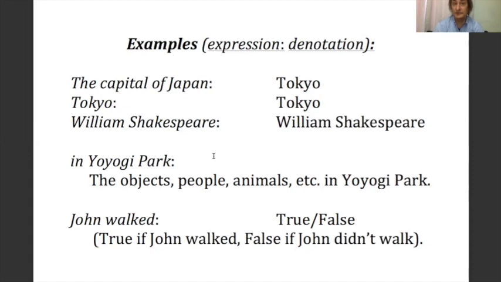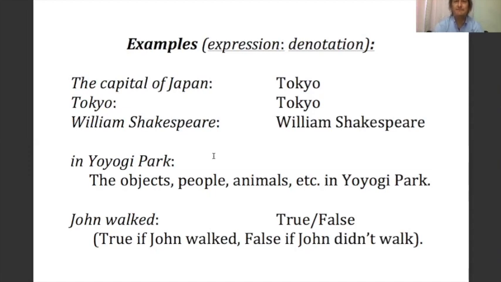We also could, of course, have the word Tokyo, which has its own sense, but it also picks out the exact same denotation, namely Tokyo. Common personal names, like William Shakespeare, again, they pick out individuals, the individual William Shakespeare. We say that the individual, the real world person, is the denotation of the name.